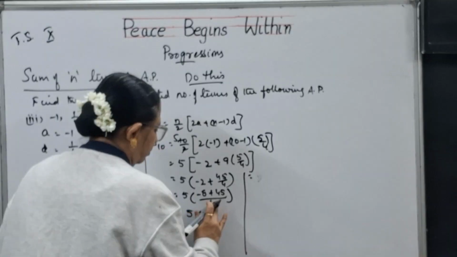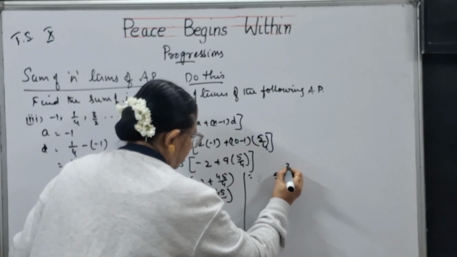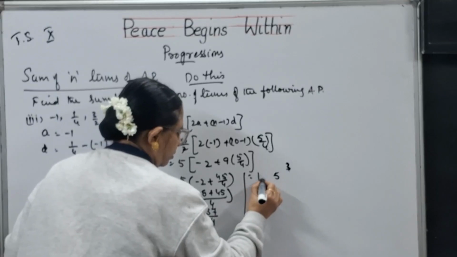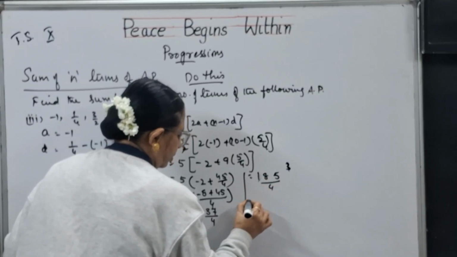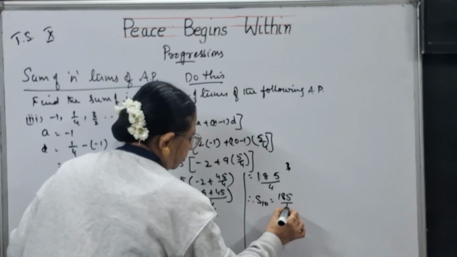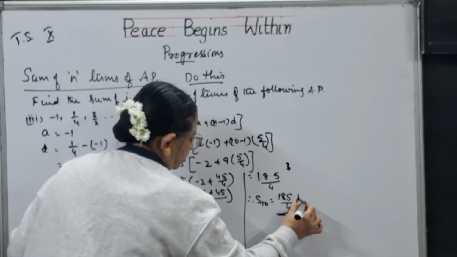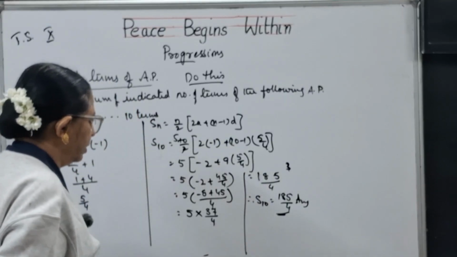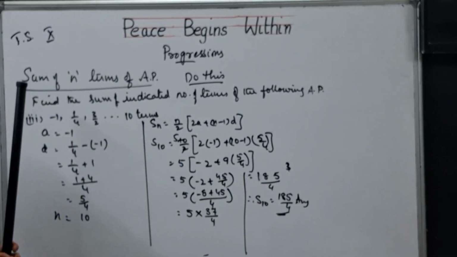So 5 sevens are 35. 5 threes are 15, 3 is 18. 185 by 4. So the sum to 10 terms is 185 by 4 is the answer for this problem, children. Please note it down.